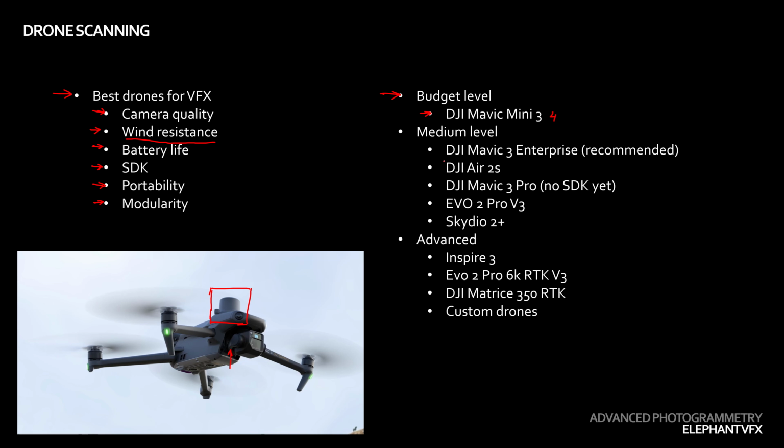But again, I don't know right now. It's probably way cheaper, and the DJI Mavic Mini 4 is probably around $1,000 or euros. I don't know, but it's something along those lines. And it's pretty good. I really recommend it to you.